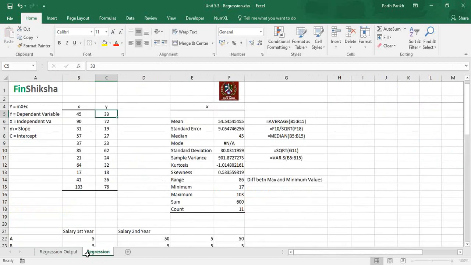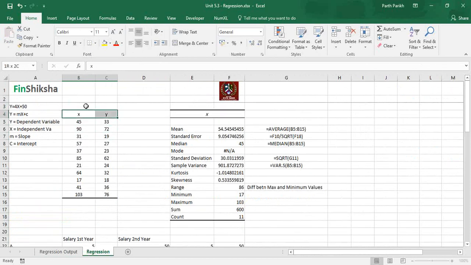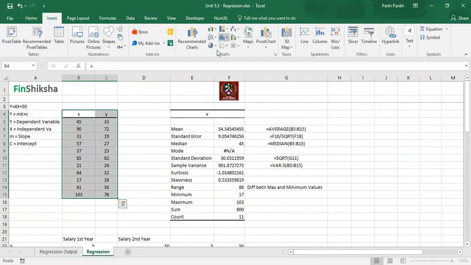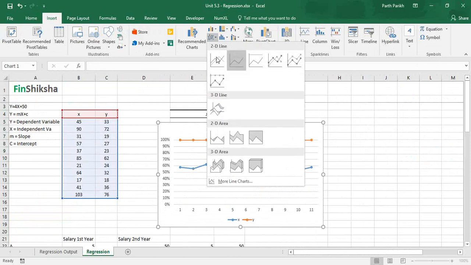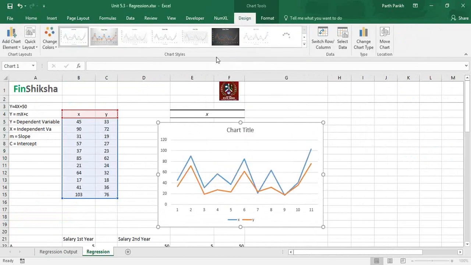So assume y is revenue and x is the sale of products. If I sell 45 products, my revenue is 33. If it is 90, then 72, 31, and 19. So we can also form a graph of this line graph. So this is moving in tandem.